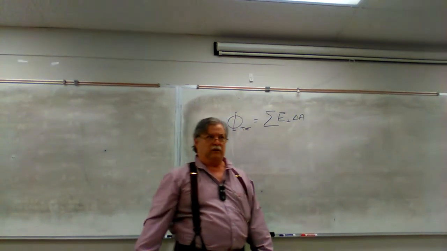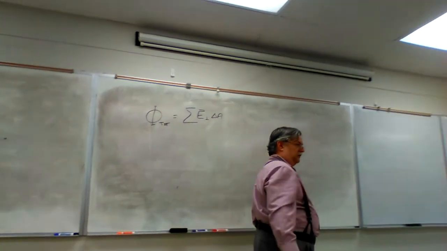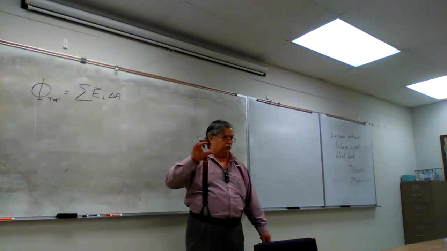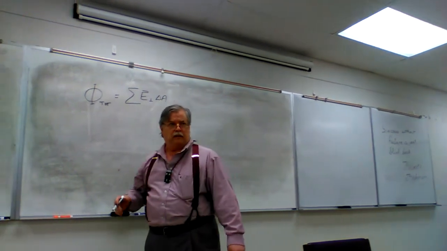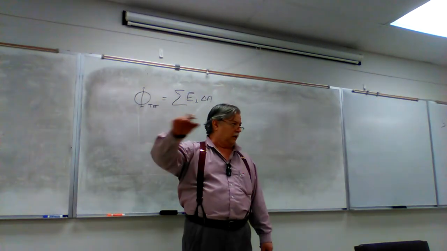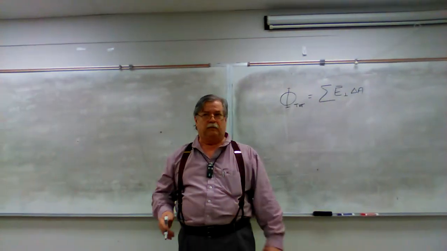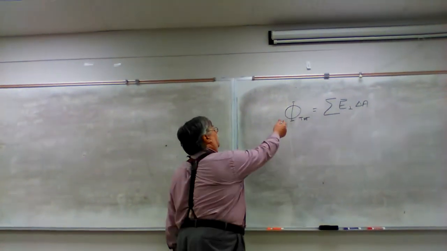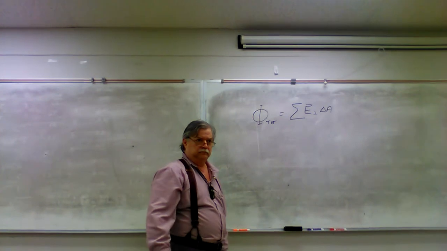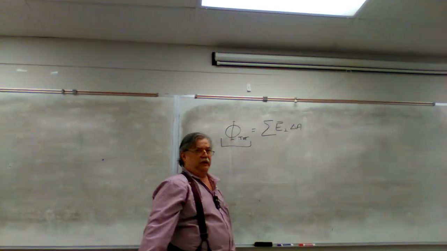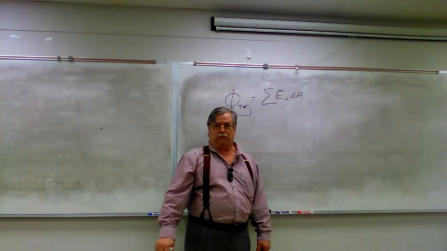The sum of the E field perpendicular to each little unit of area, added up over the total closed surface of the Gaussian surface, in this case that cube, equals the total flux. This is the value they gave you in the homework problem.